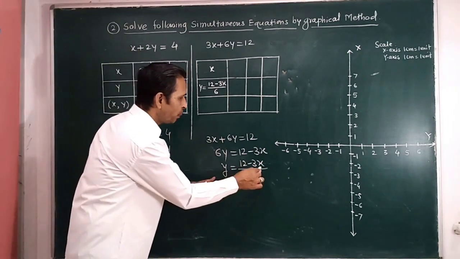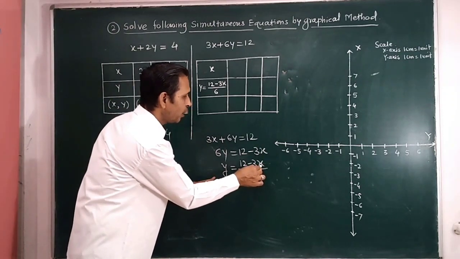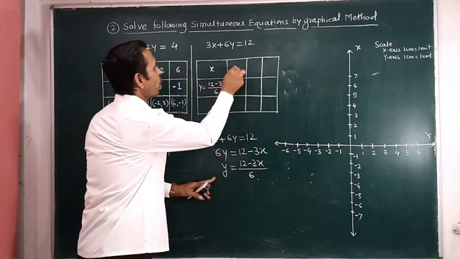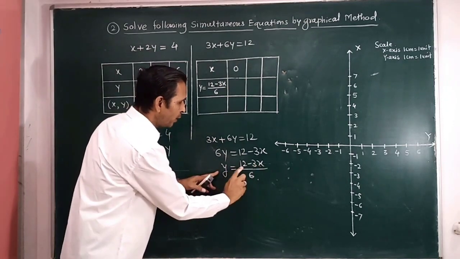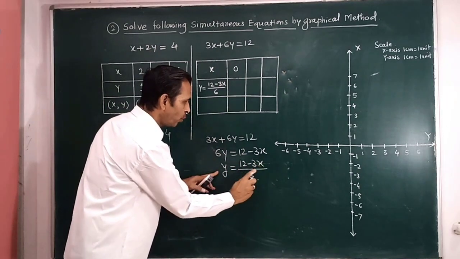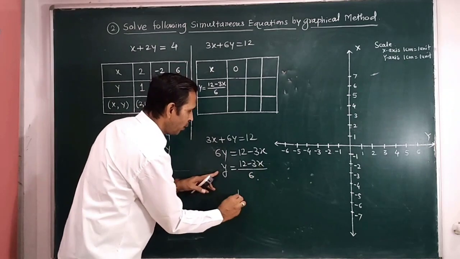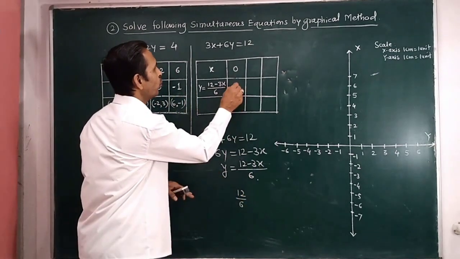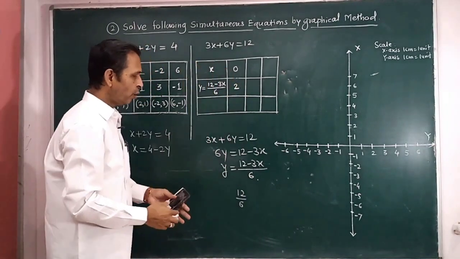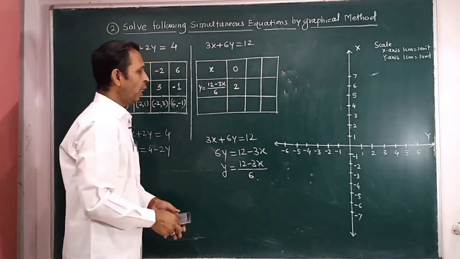Suppose we put x = 0. Then 12 minus 0 divided by 6 means 12 upon 6, which is 2, so the value of y is 2.